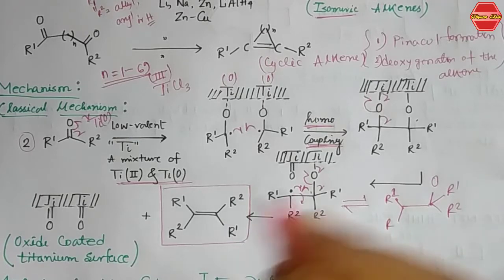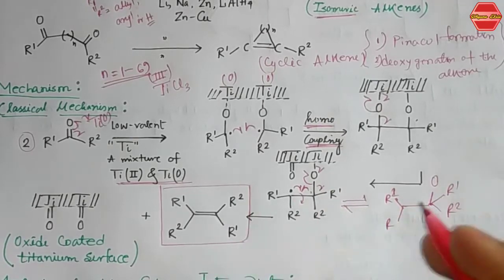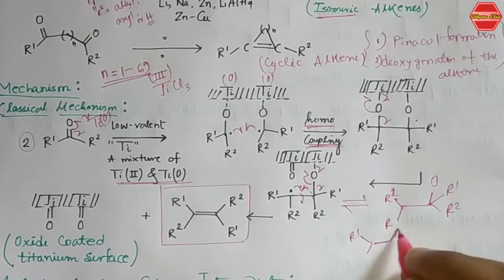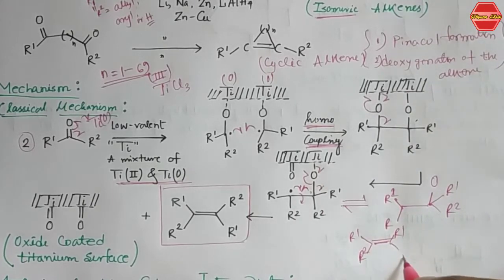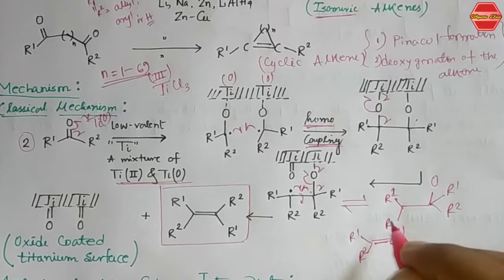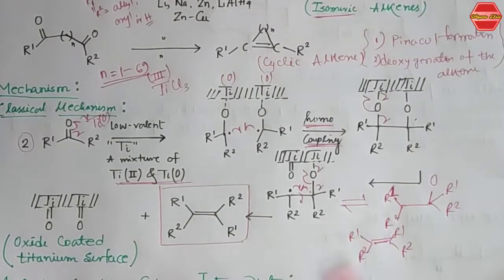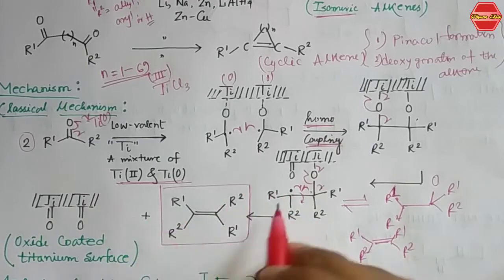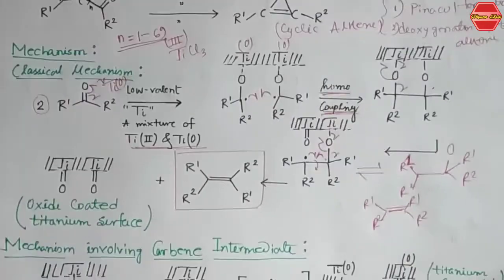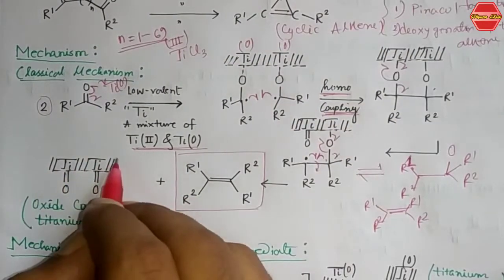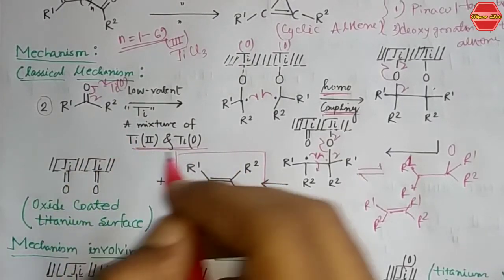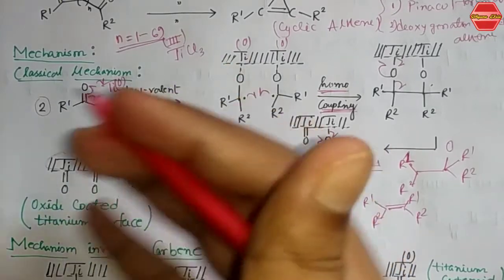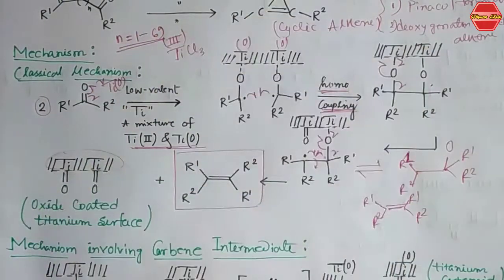If we change it, then it will form a different one, that is R1 and R1, R2 and R2, the same thing, right? So that is how we can get this product, that is, we have these two isomeric alkenes. And this is left from your system, that is your oxide-coated titanium surface. You can see here, this is how we can write this titanium surface for showing this mechanism.